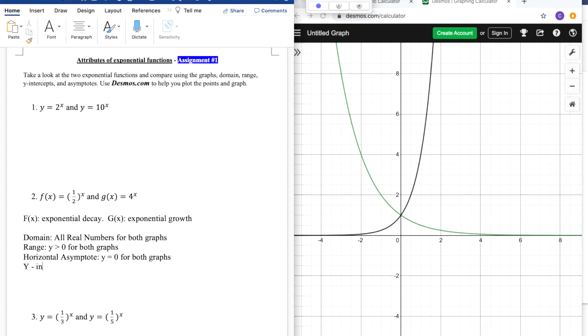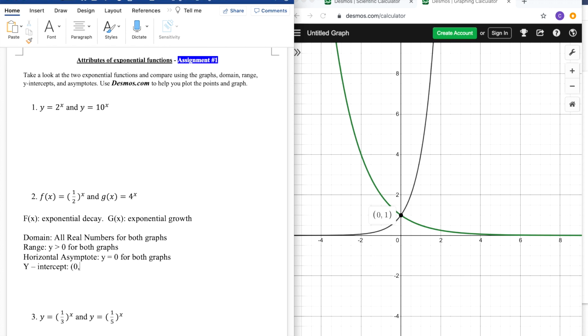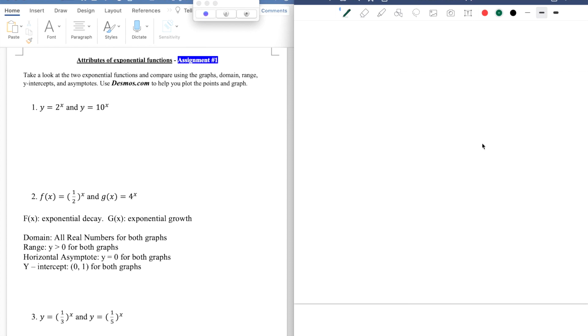Okay, what about the y-intercept? Well, if you look at the graph, it's clearly shown here. It's at 0, 1. But I need to explain how you can find that without the graphs. To find the y-intercept of an exponential function, you have to look at the a. It was written out as y equals a times b to the power of x.